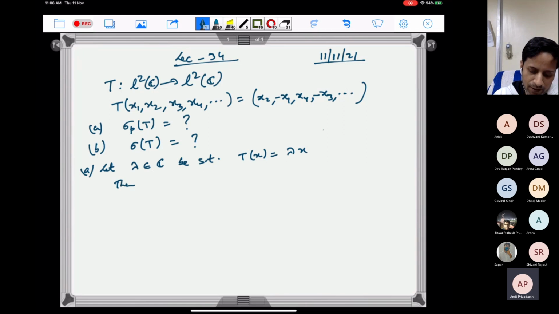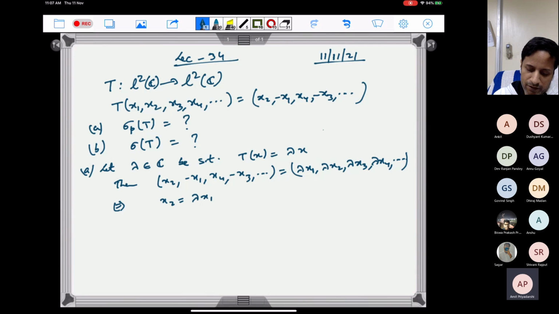Then we get x2 minus x1, x4 minus x3, and so on equal to lambda x1, lambda x2, lambda x3, lambda x4, and so on. So what does this give? This implies x2 is equal to lambda x1.